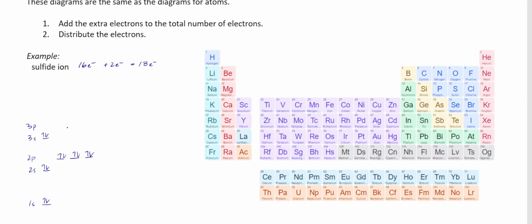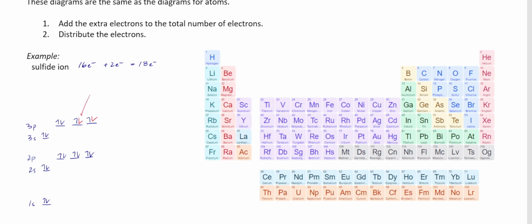And so this is what sulfur would normally have. But recall, because that's 16 electrons, let's check: 2, 4, 6, 8, 10, 12, 14, and 16. But recall that it has gained 2 electrons in its outer shell. So then I'm going to draw another electron here and another electron here.